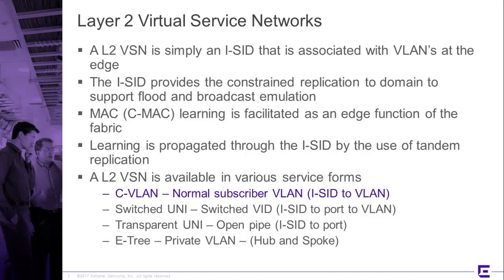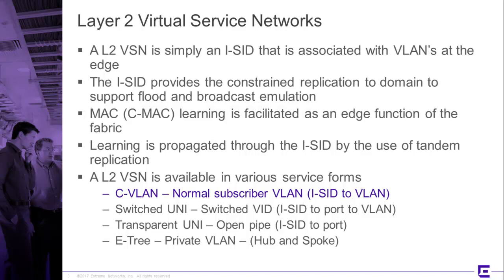Now, an L2 VSN is a simple element, but it is also available in various service forms. There are four, and we're going to focus on one here. I tried to fit multiples in, but we would easily get out to 45 minutes in length, and that was way too long. So we're going to focus on the CVLAN, the customer VLAN, the client VLAN, the normal subscriber interface.